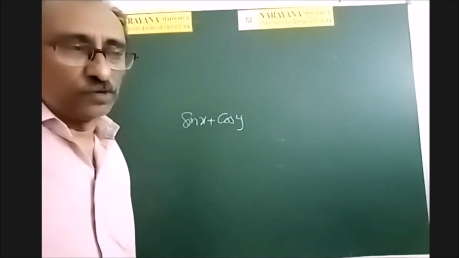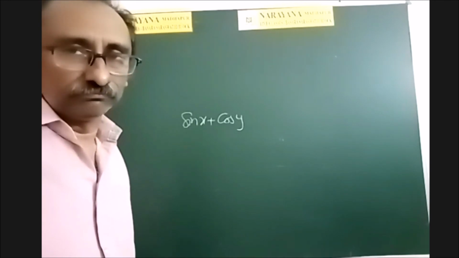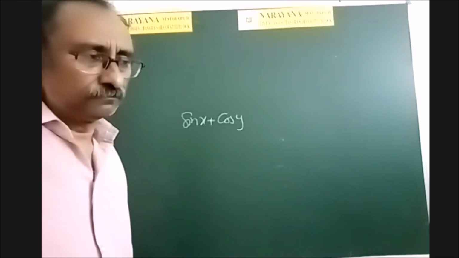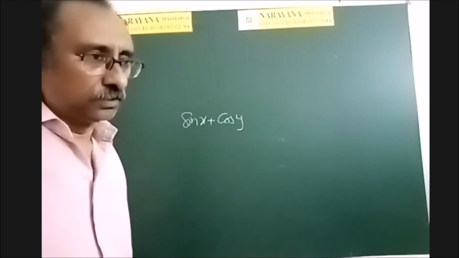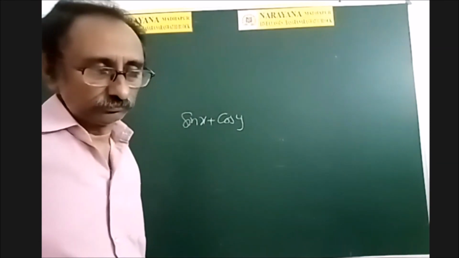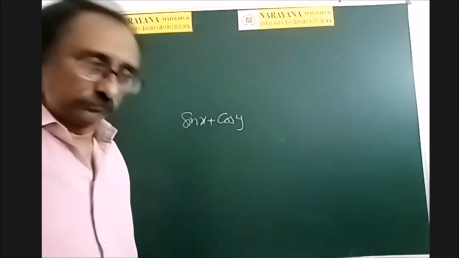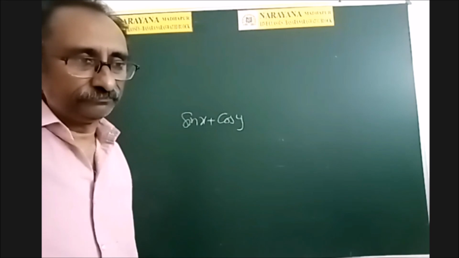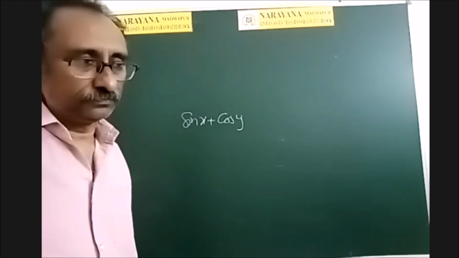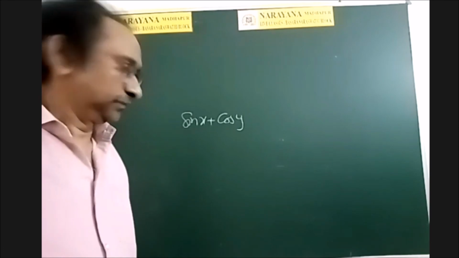So what is the value of sin x plus cos y? Value I can't say, but I can say range, sir. Minus 2 to 2, closed interval. So what is the maximum value? 2. Why is it 2? Because x and y are different numbers now, sir. Maximum value of sin x can be 1 and cos y can be 1 now, sir. So 1 plus 1, 2.